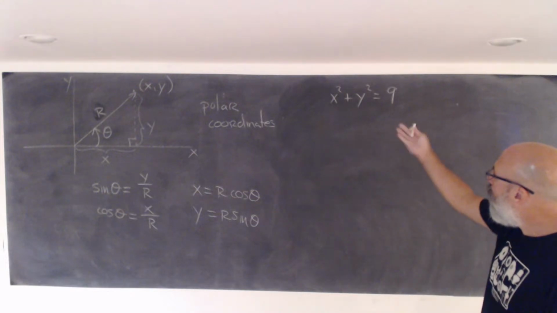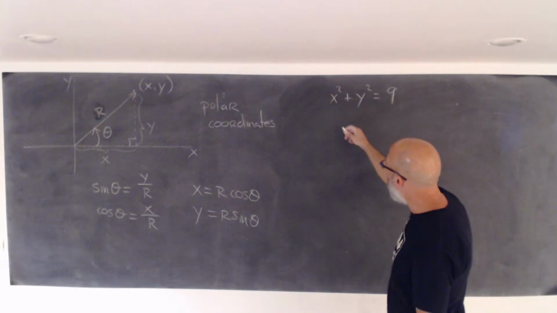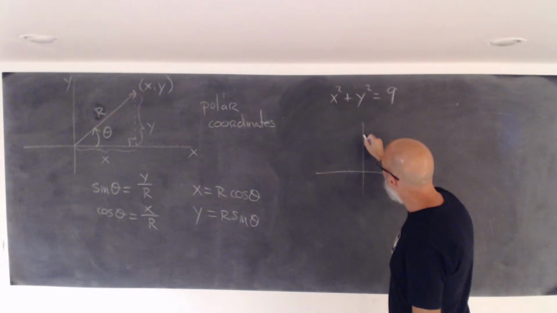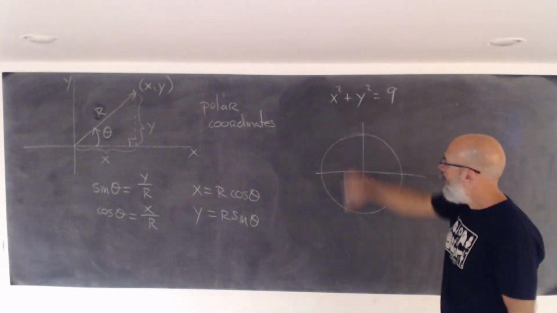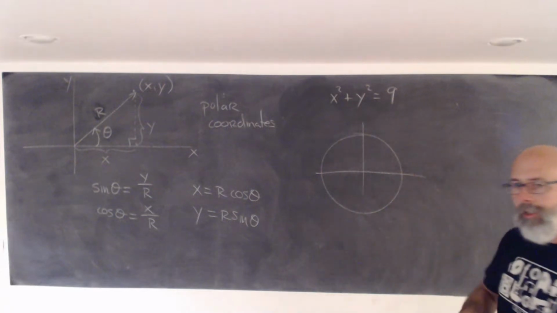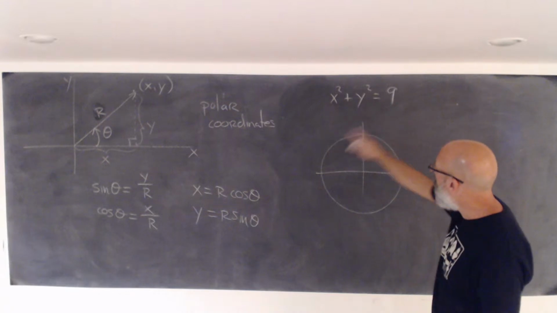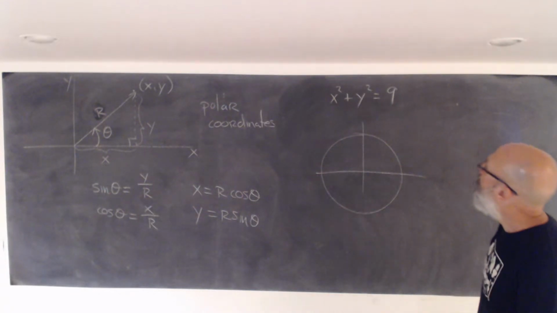I mean, we've worked with this, and you know that it's a bit difficult to work with. First of all, this isn't even a function by the vertical line test. And so you have to split this up into two pieces, the positive square root and the negative square root.